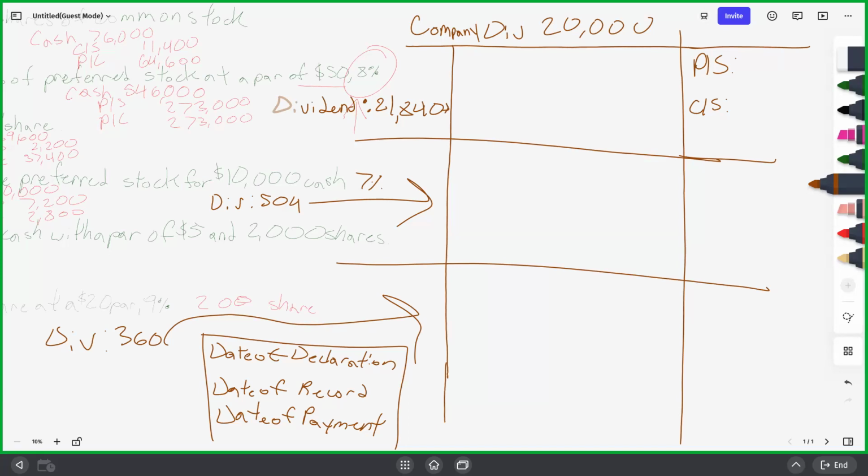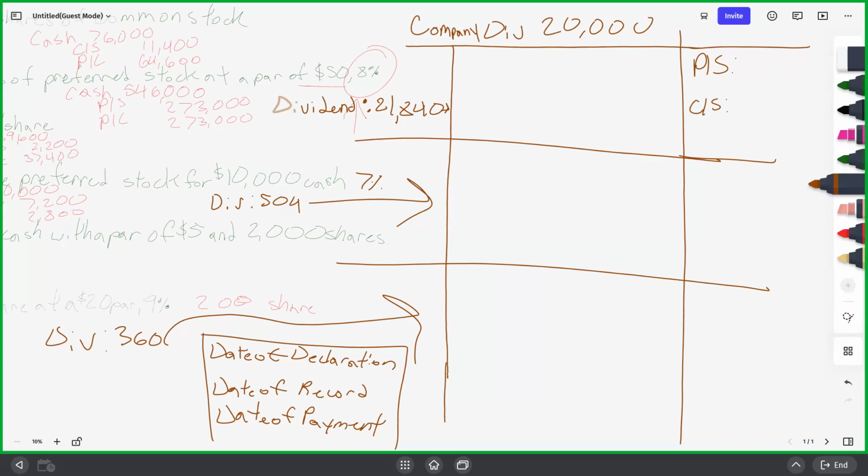Like, how much are we, like, with the first stuff? So preferred stock is going to be for the questions that we figured out before, where we figured out each dividend that preferred stock would be getting. We've already done the percentile to figure out how much preferred stock gets. So you're going to use this dividend. So like the top 3 boxes, are we putting that for number 3?